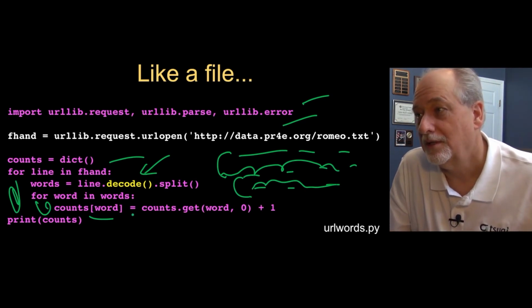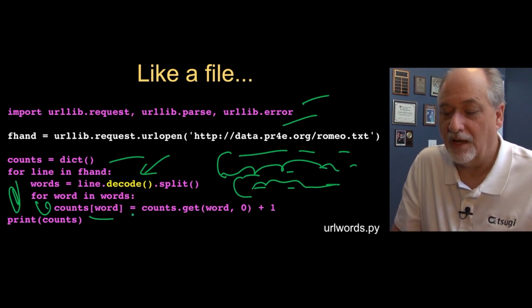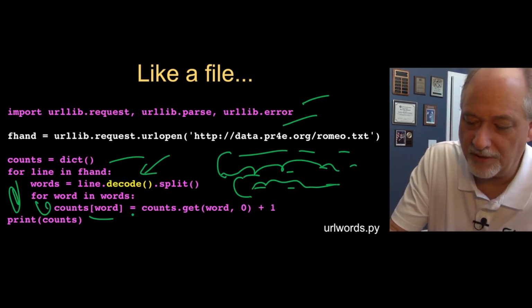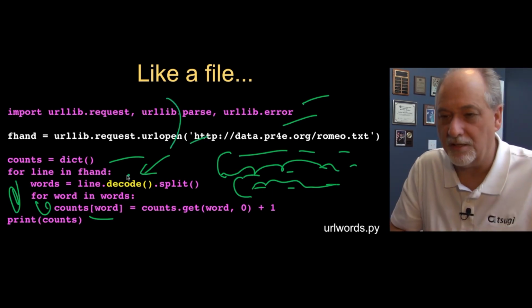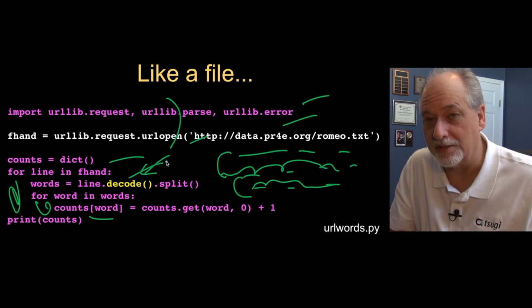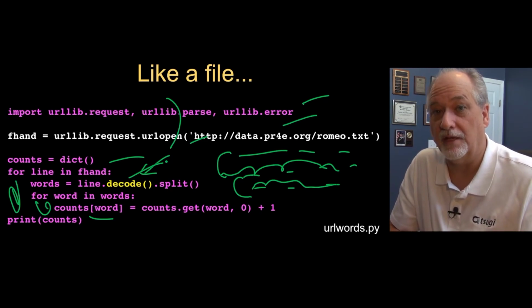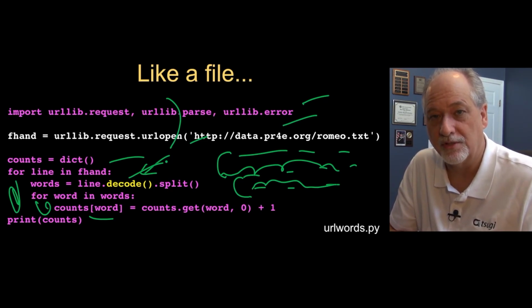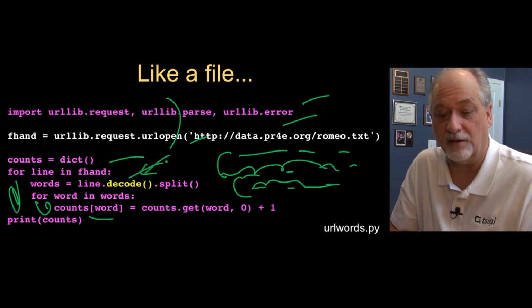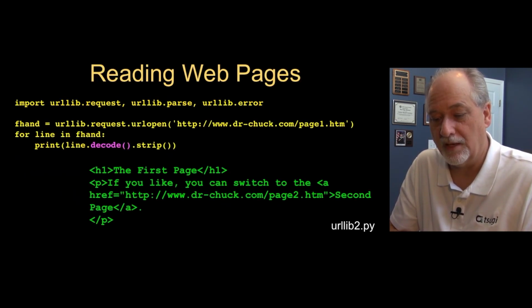Now this in effect, other than importing this, opening it differently, and doing the decode, this is exactly how we would process a file. And so by using URLlib, you really sort of reduce the complexity of retrieving and reading network resources to the same complexity of reading and dealing with a file locally on your hard drive, So which many is words. kind of pretty.